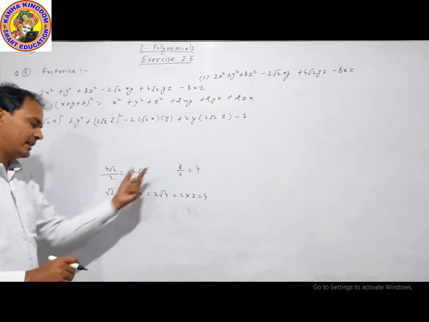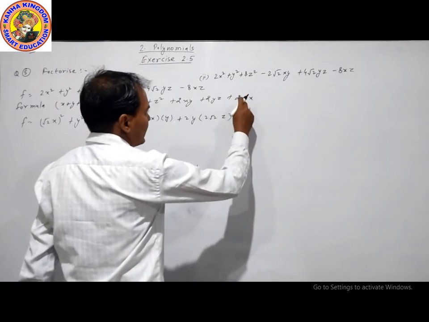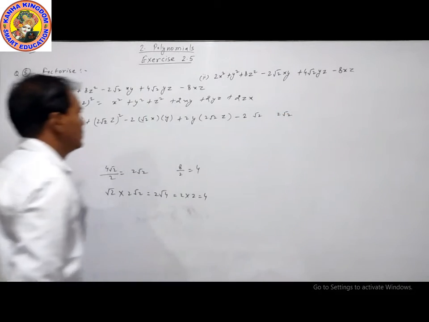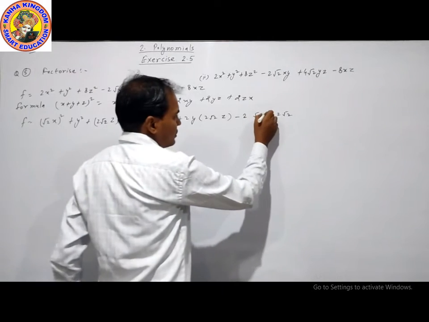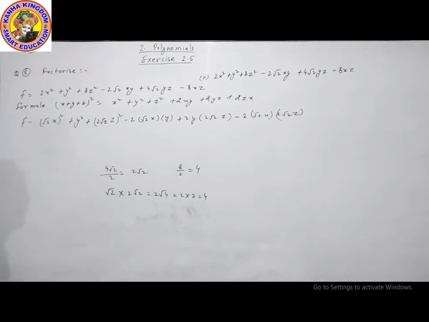So 4 can be written as root 2 and 2 root 2. Then x z, root 2x and 2 root 2 z. These are the factors of this term.